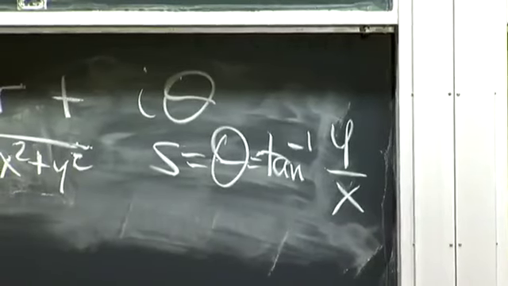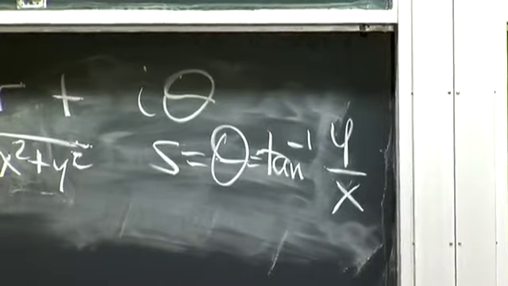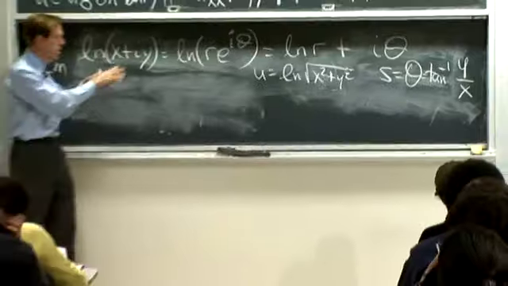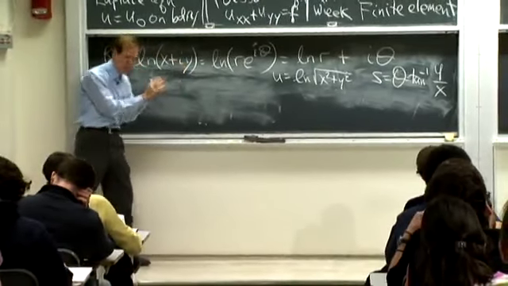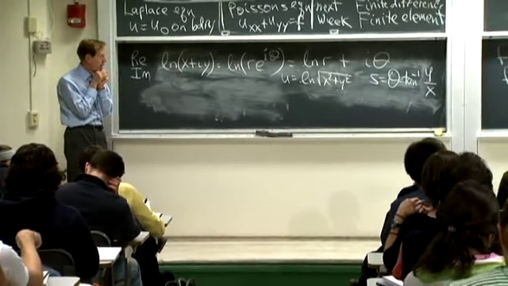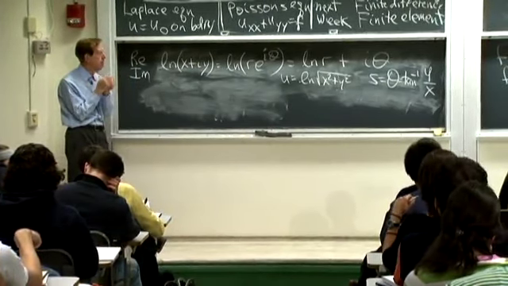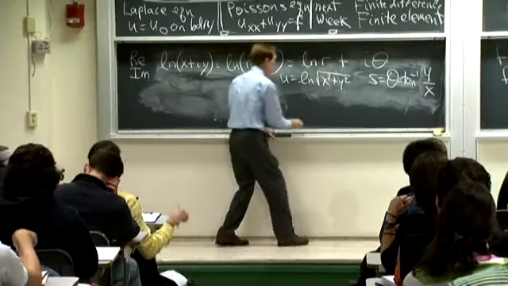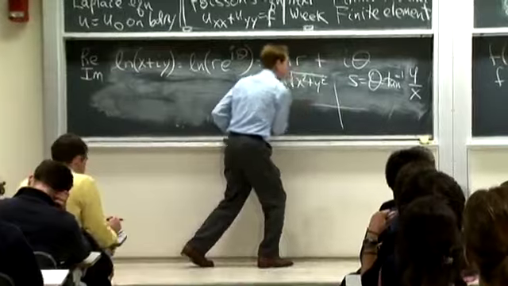So that's a great solution, except where? At 0. Except at 0. And this doesn't tell us what's happening at 0. It's an excellent solution. What's the picture?